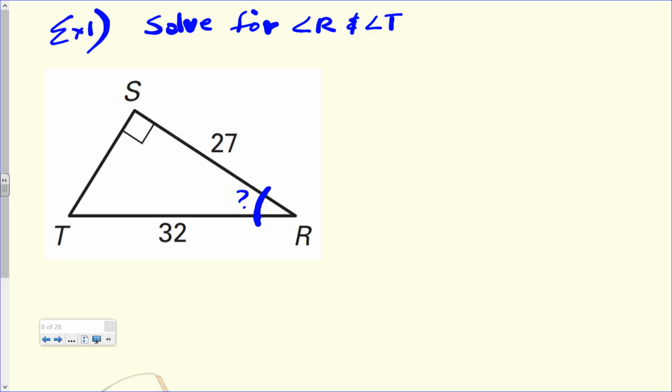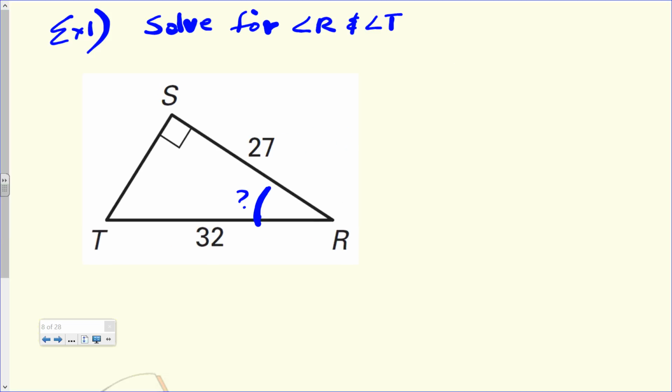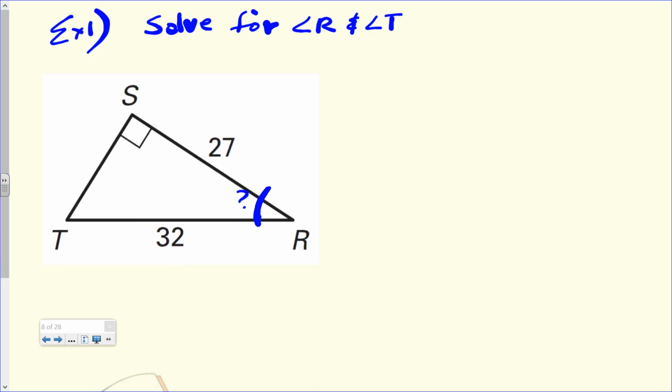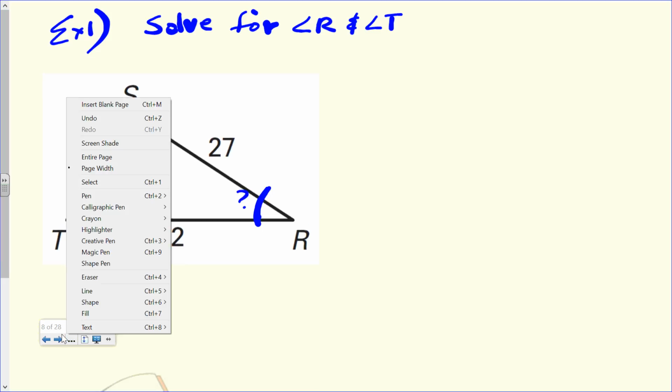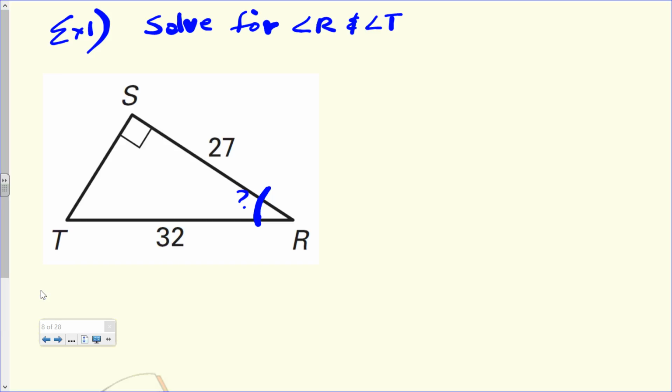Is that tangent? So look at these two sides. Oh, my bad. Cosine. So this side right here, this side 32, is what in relation to R? That would be the hypotenuse, because look, it's opposite the 90.